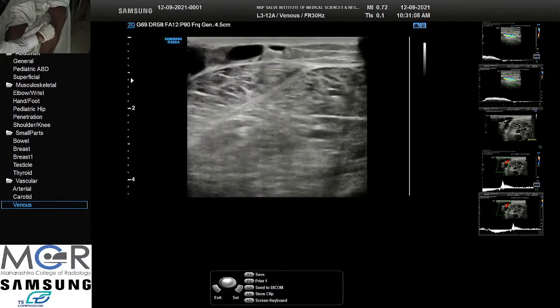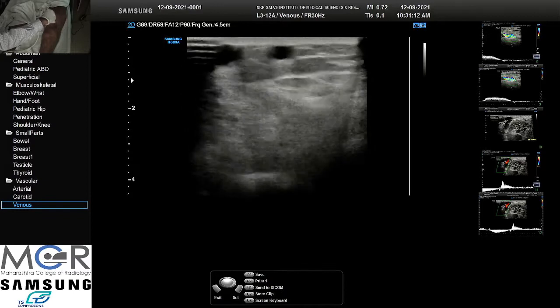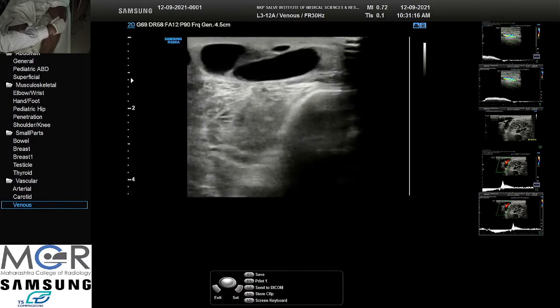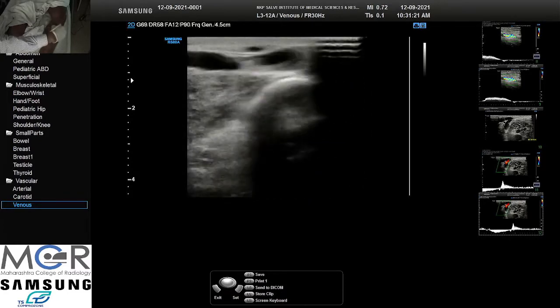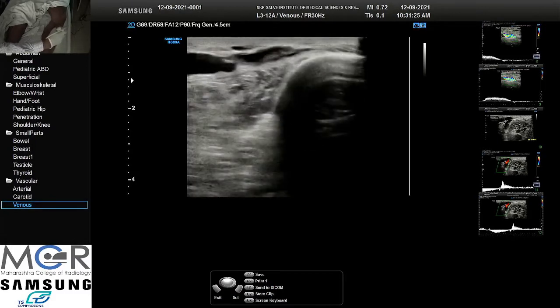So gross varicosities, the GSV what we were seeing here, all the tributaries, they are dilated and enlarged, become tortuous due to long standing stagnation.